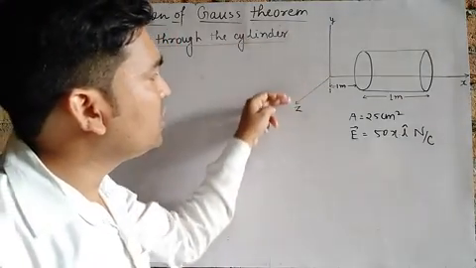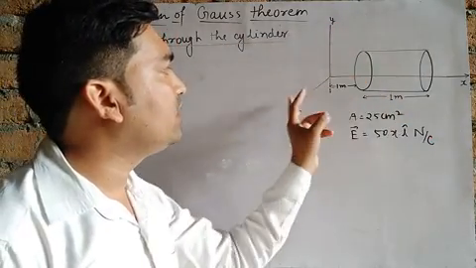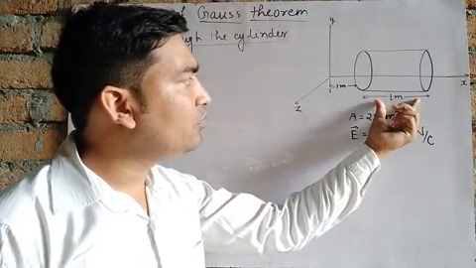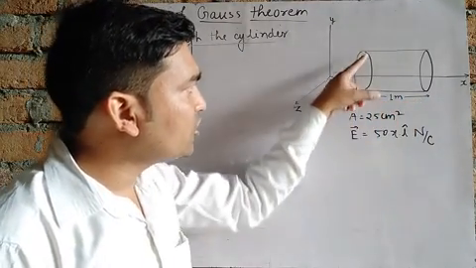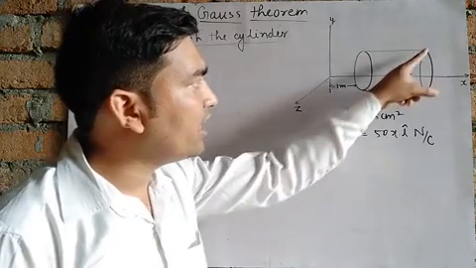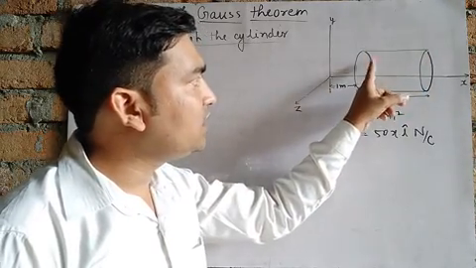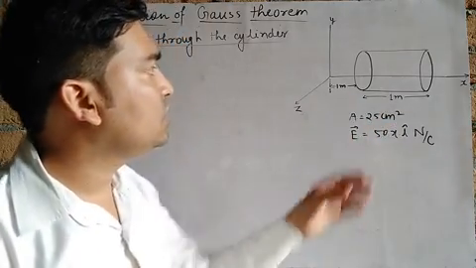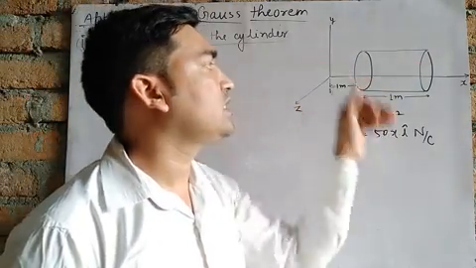There is a coordinate system x, y and z, and a cylinder having length 1 meter and cross sectional area, this is the cross sectional area, 25 centimeter square, is placed along the x axis.